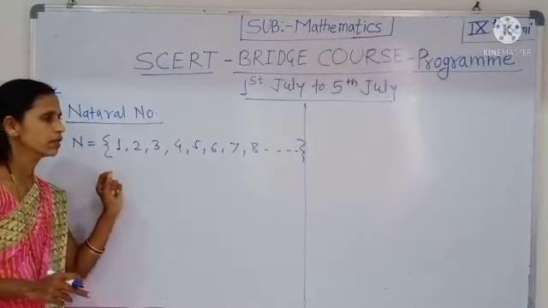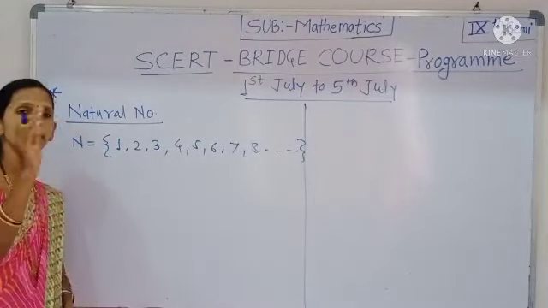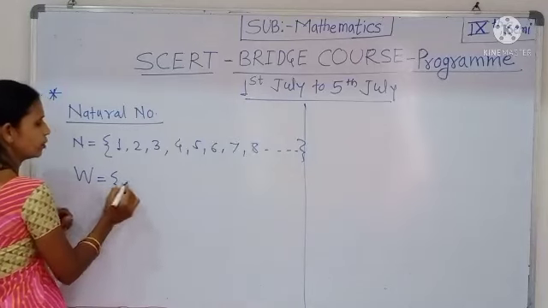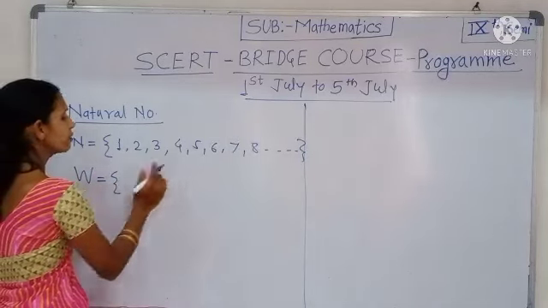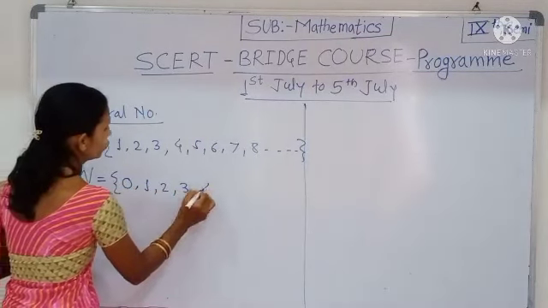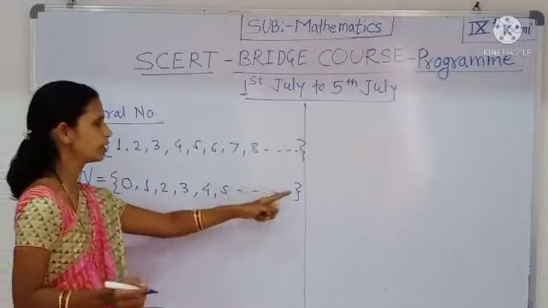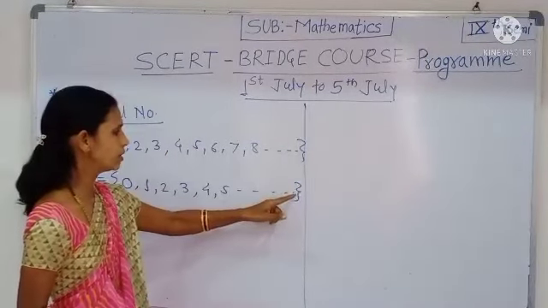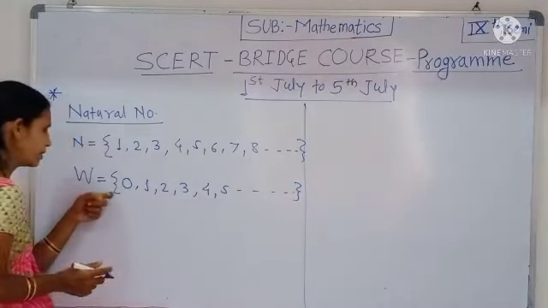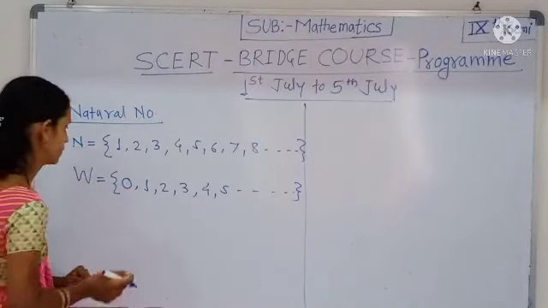That means the natural number set is an infinite set. The whole number set is the set of all natural numbers including 0: 0, 1, 2, 3, 4, 5 and so on. That means we can't determine the last natural number or whole number. That means all natural numbers are whole numbers.